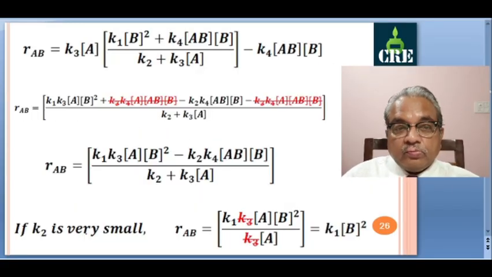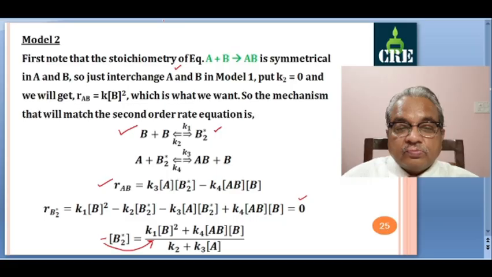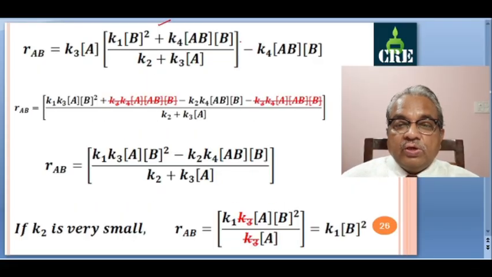Okay. Now we know B2 star, and we are replacing it here, because rate of formation of AB is K3 into A into B2 star. So B2 star is replaced by this, with the rest of the terms minus K4 concentration of AB and B as it is.